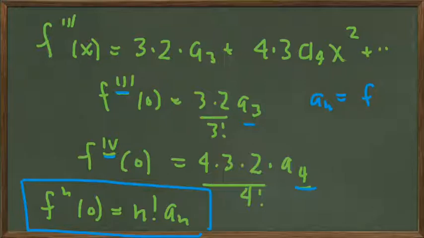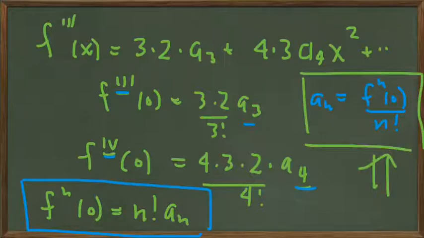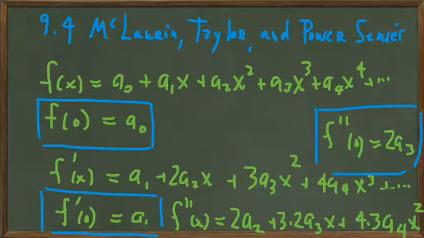F n, the nth derivative evaluated at 0, divided by n factorial. So this here is the key that we need, so when we go back to our assumed form, we now have a definition for all of these coefficients, a0, a1, a2, a3.